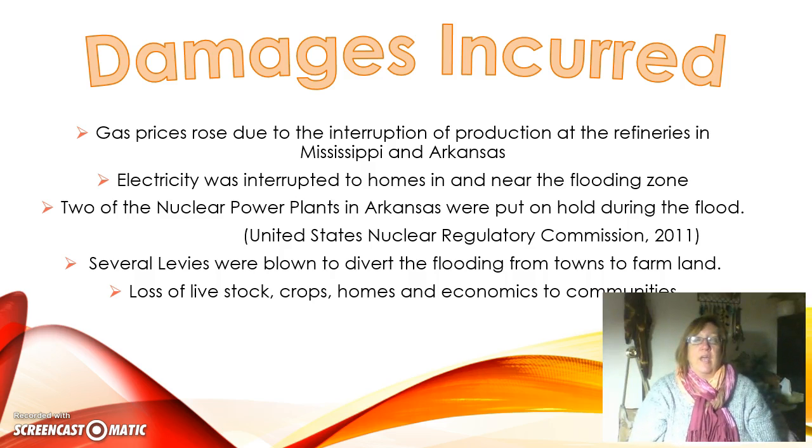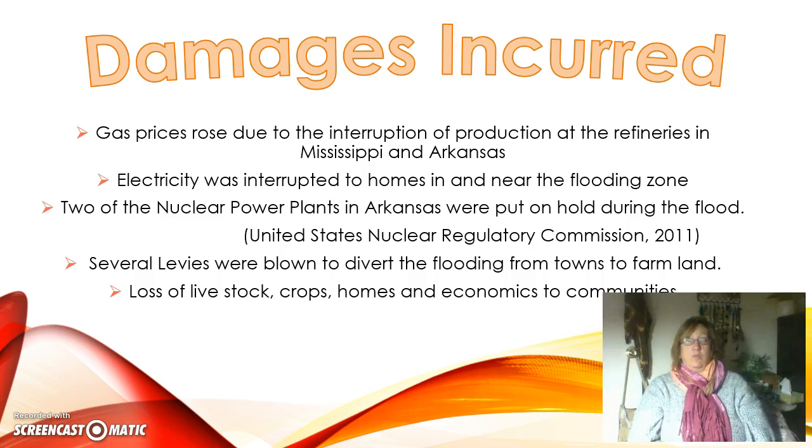Damages that occurred. Okay, gas prices rose throughout the country due to the interruption of production of the refinery in Mississippi and Arkansas. So they couldn't produce gas because they got shut down because of the flood, so gas prices went up. That was damage.